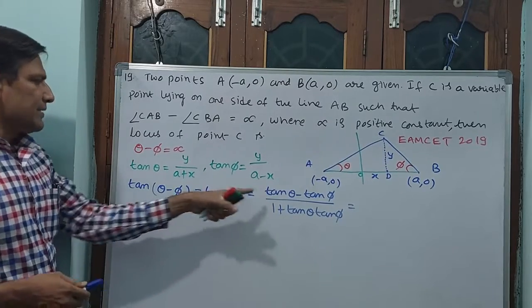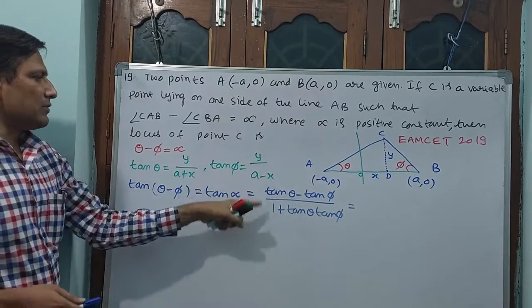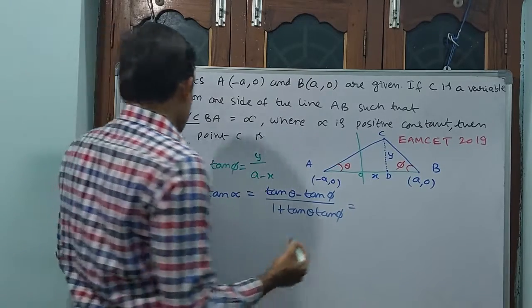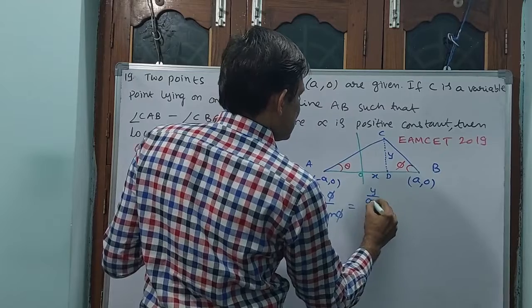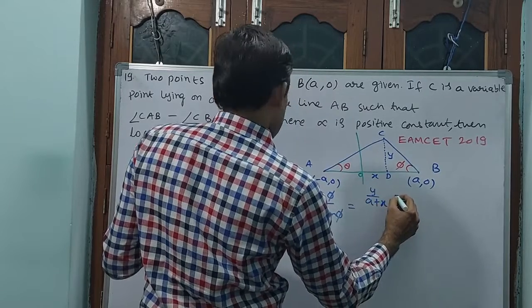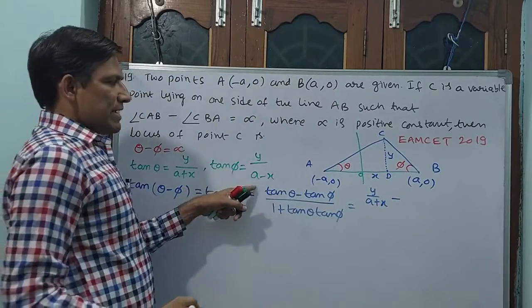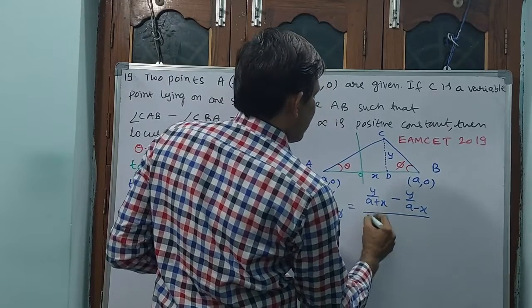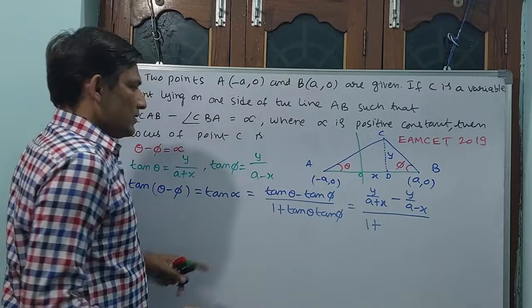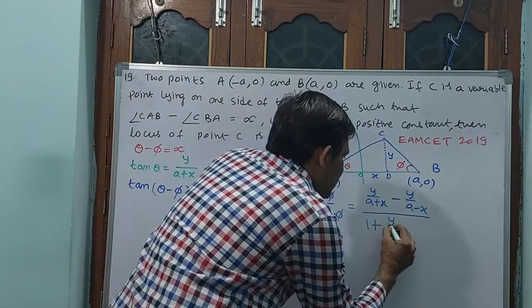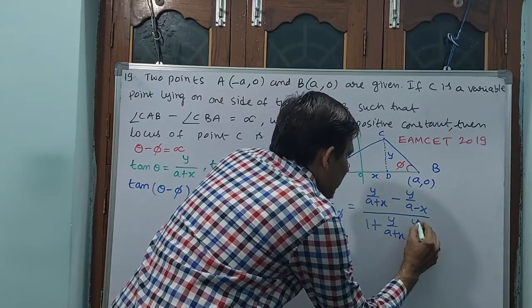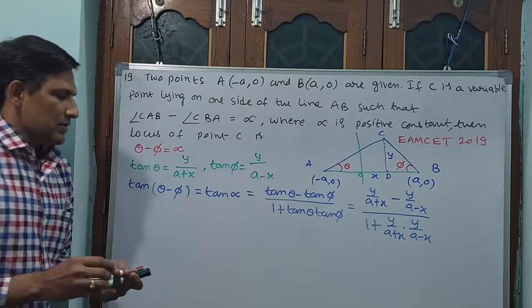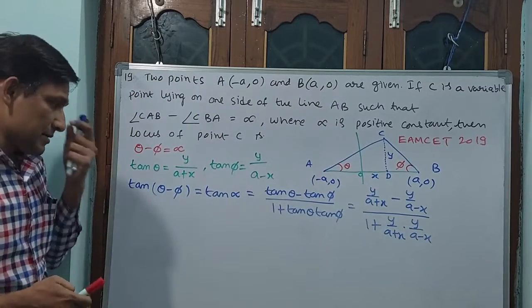Proceed further. Tan theta value you are having, tan phi value also, and you substitute in this. Let me write: y by (a plus x) minus y by (a minus x), divided by 1 plus y by (a plus x) into y by (a minus x). Then you proceed further.